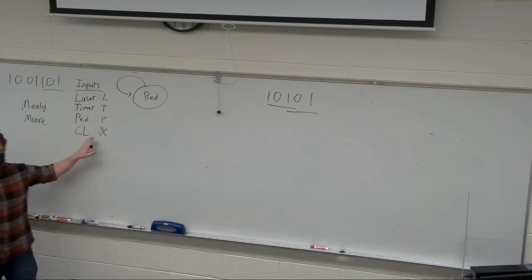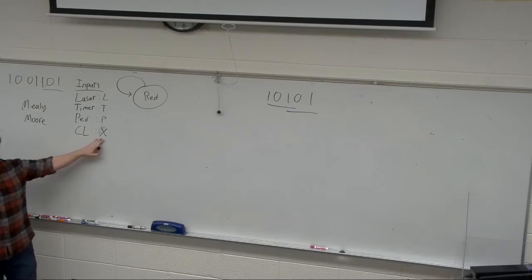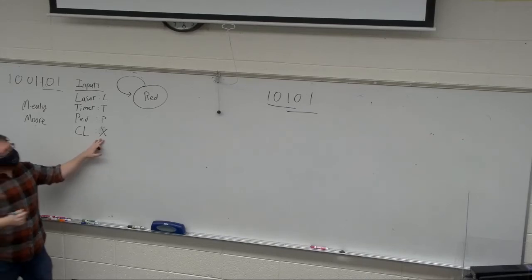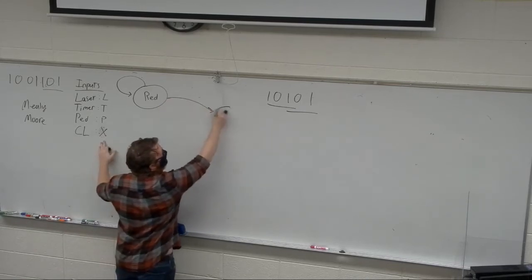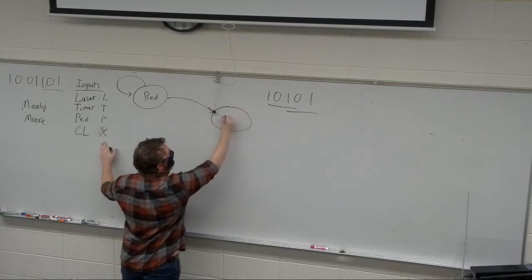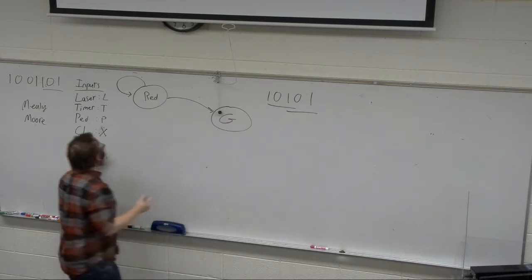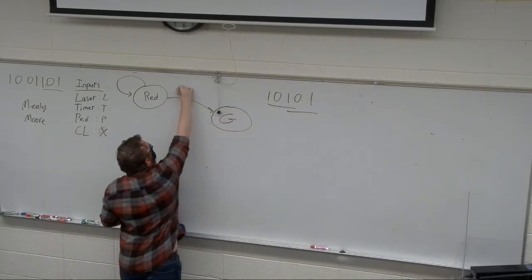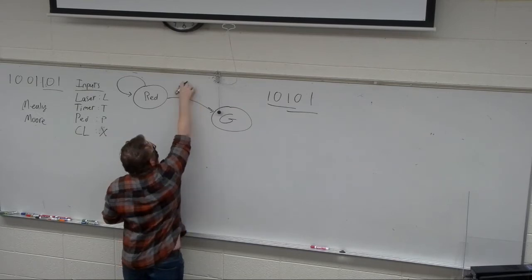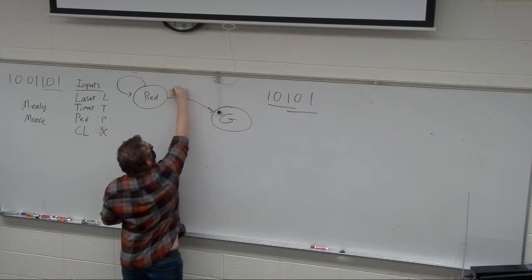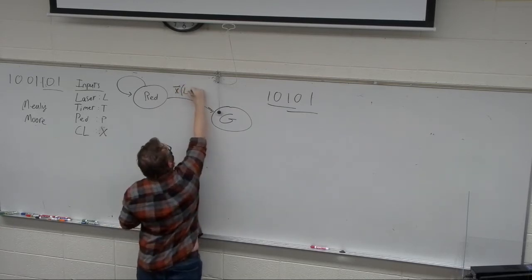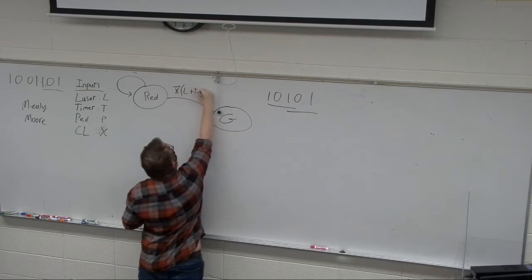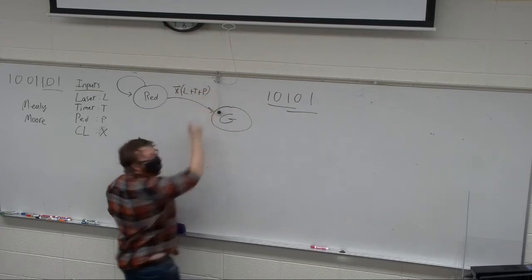So the condition to leave red, let's start with that one, and I go to green, is if I have, first of all, not X, we do the overriding. Yeah, so we could do not X and L or T or P, right?